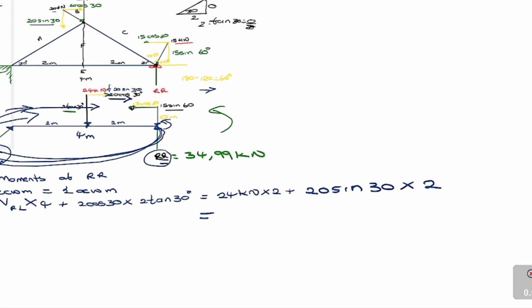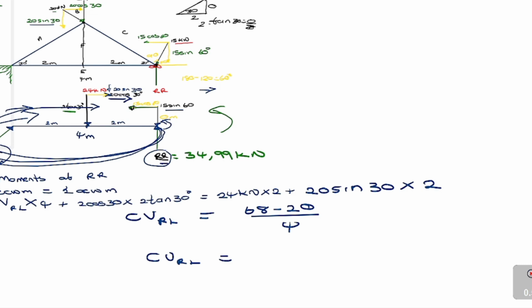So here I will have the vertical component of reaction, the left reaction. What you will get is 68. You get 68 minus 20. Then you have to divide both sides by 4. And guys, you get the vertical component of RL will be equal to, let me just do a quick calculation to find out what the answer would be.